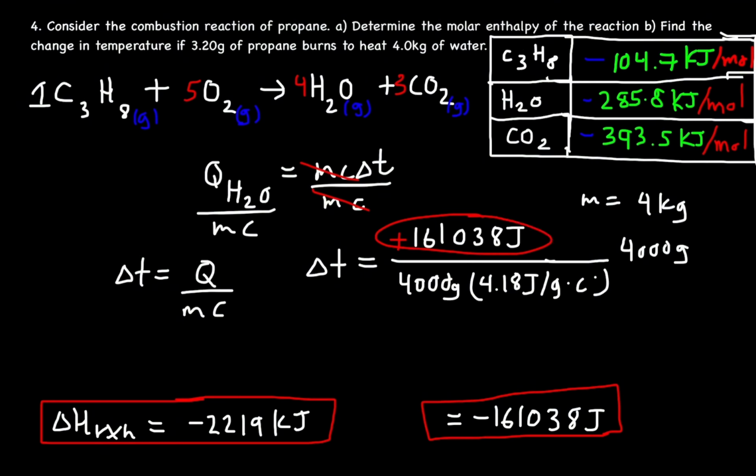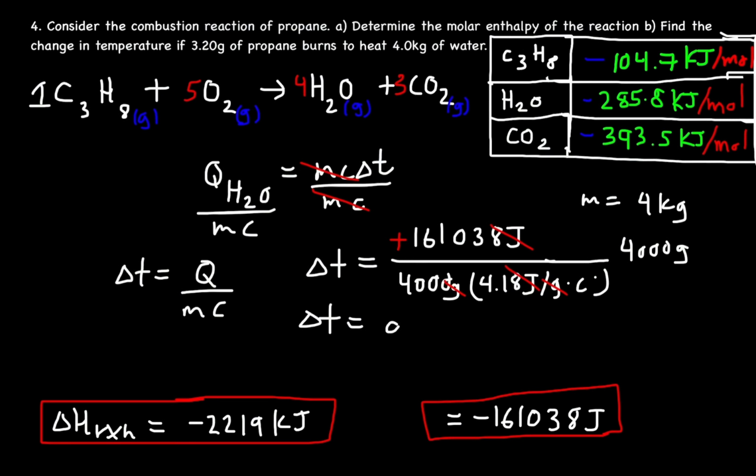Make sure that your Q is in joules, not kilojoule, or that will mess up your answer by 1000. The unit grams and grams cancel, the joules and joules cancel, leaving us just Celsius.